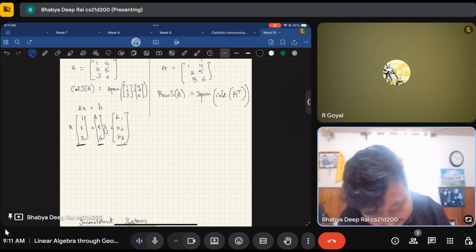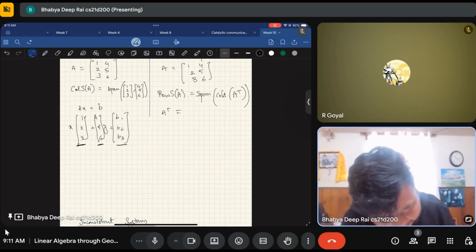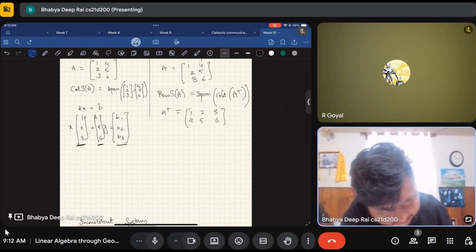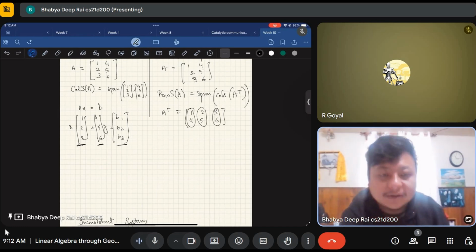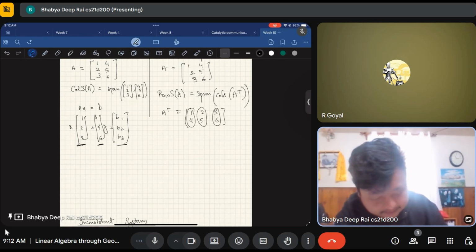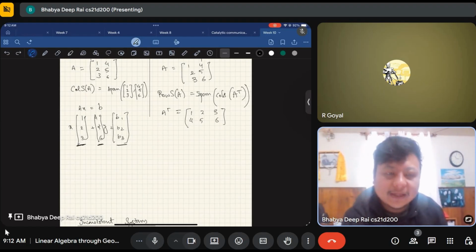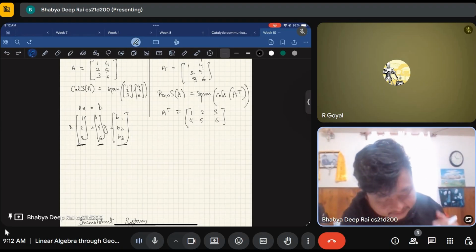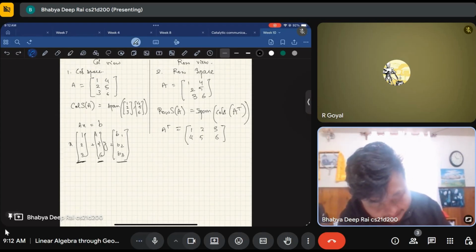Because A transpose becomes 1, 4, 2, 5, 3, 6, so these rows are automatically made into column vectors. This is a neater way to say it: the span of the columns of A transpose. So this is the row view.